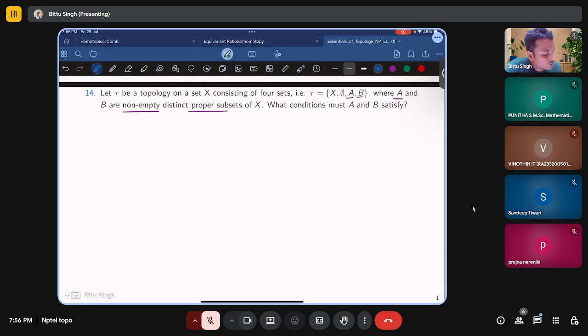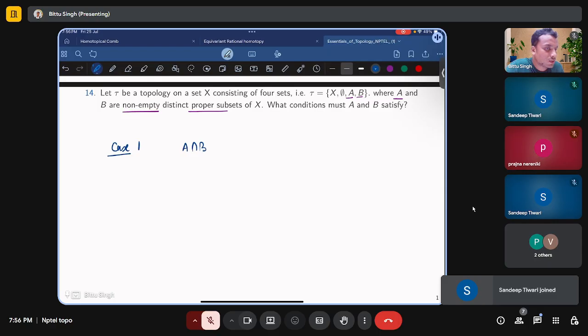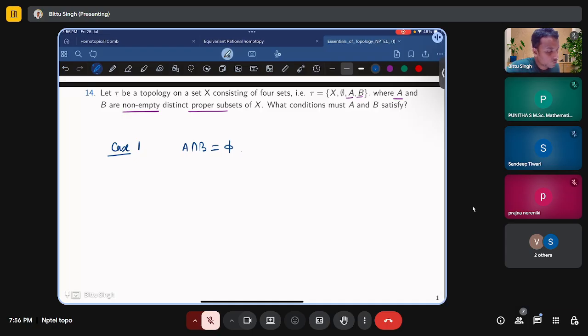So, first, let me split into two cases. Let case 1 be: A intersection B is empty. In this case, what happens?